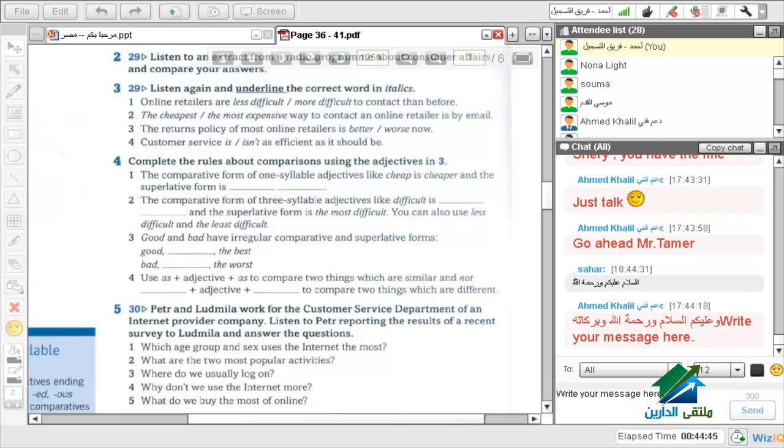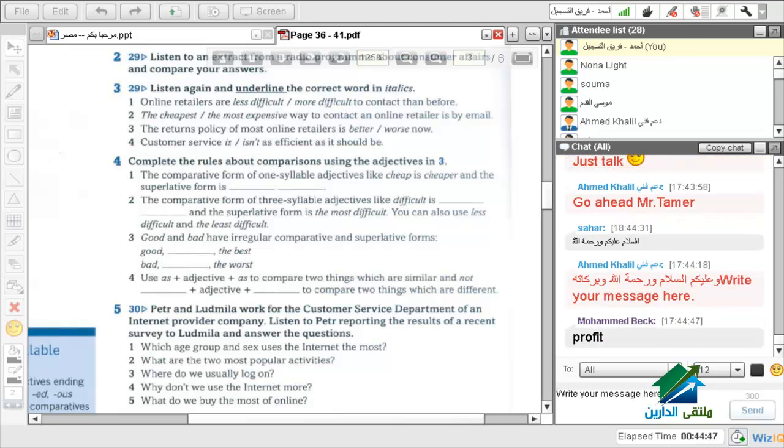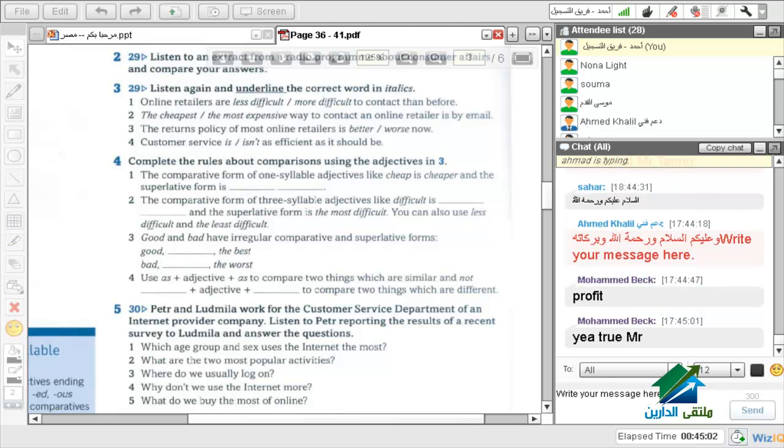Remember, we wrote it in the last session: customer service equals customer satisfaction.